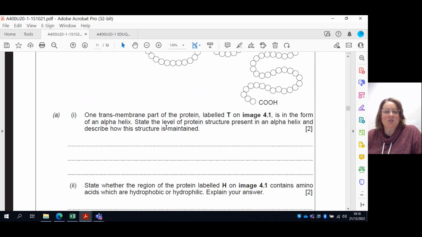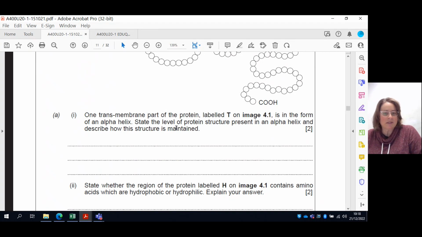The actual question, scenario given. The question itself: state the level of protein structure present in an alpha helix. It doesn't tell you beta pleated sheet there, but you should have clicked, and that's the second type of secondary structure, and describe how its structure is maintained. So alpha helix, beta pleated sheet, you should click in, that was your secondary structure.